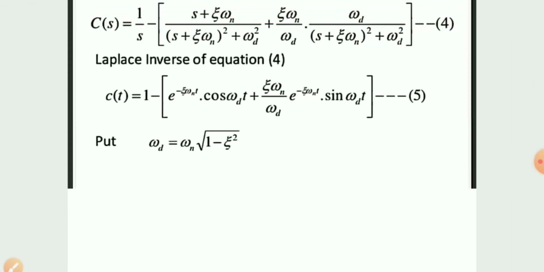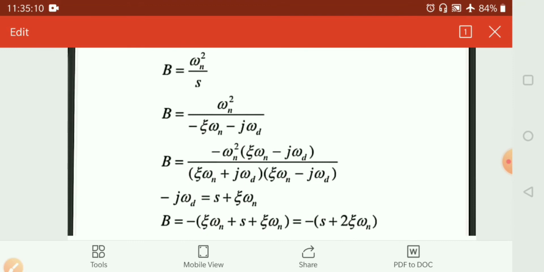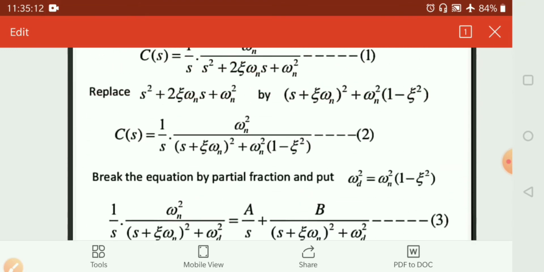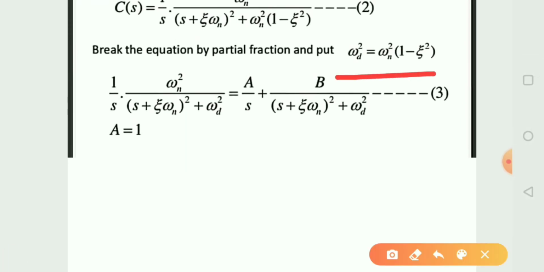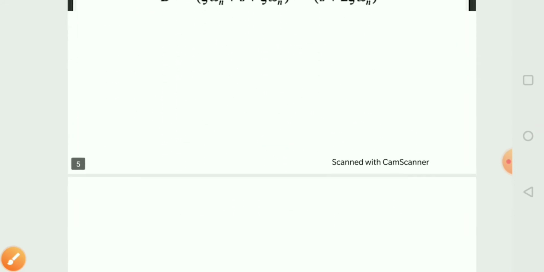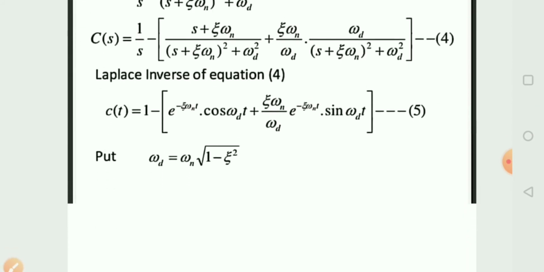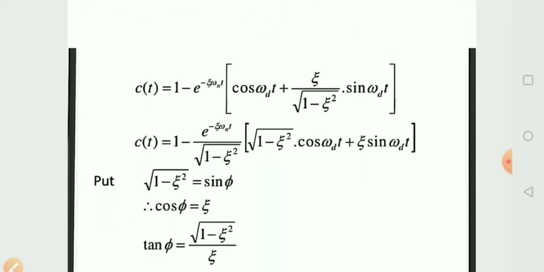So this is our C(t), and here we can put ωd equal to ωn under root of 1 minus ζ², because we take ωd² equal to ωn² into (1 − ζ²). So this is our C(t).